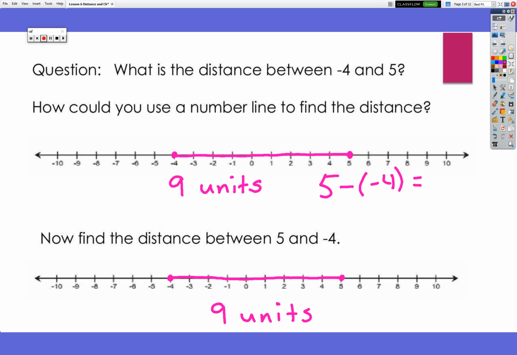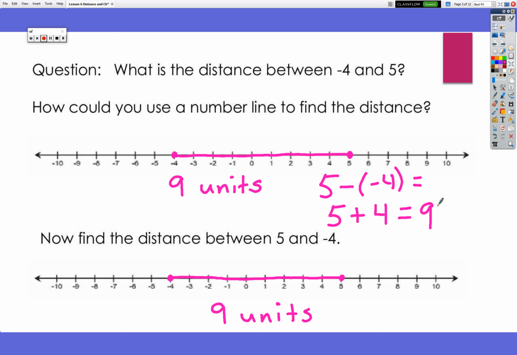Okay, so we're going to write this as adding the opposite. 5 plus the opposite of -4 is +4. 5 plus 4 is 9. So we subtracted the numbers, and the answer is positive. The absolute value of 9 is 9. So our answer is 9 units.